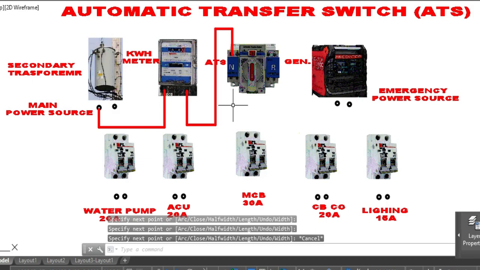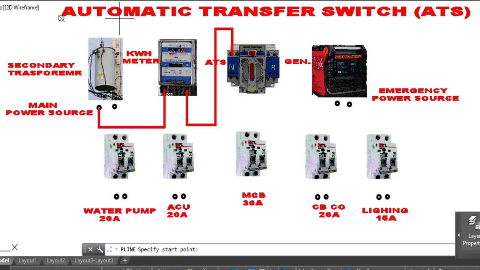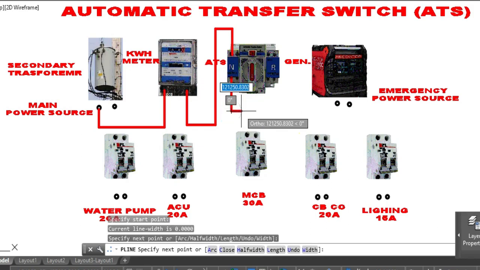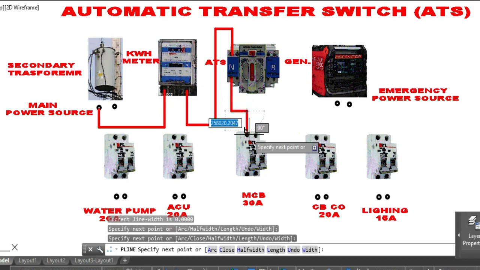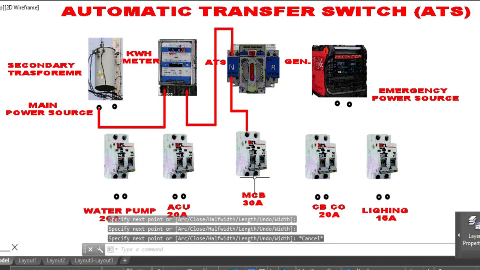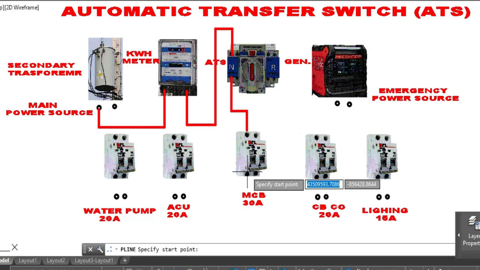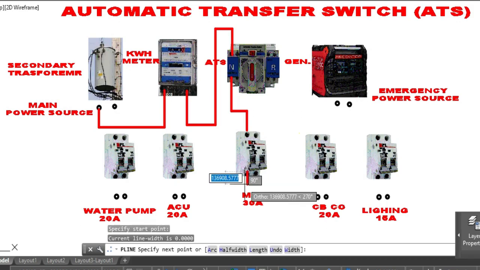From the load side of the ATS, it will be connected to the main circuit breaker. Then from the load side of the main circuit breaker, the power will be distributed to the branch circuit breakers.